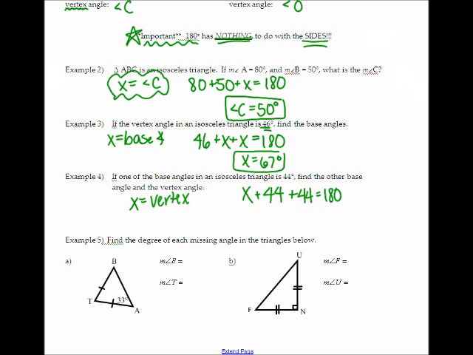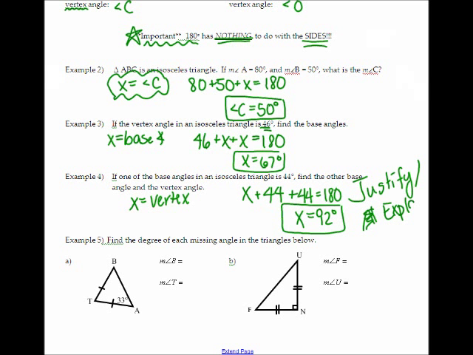You could simplify and solve that, and x equals 92. I know a lot of you did that in your head. However, if this was a state test or my test, you need to justify and prove your work, and the way you do that is typically using algebra.